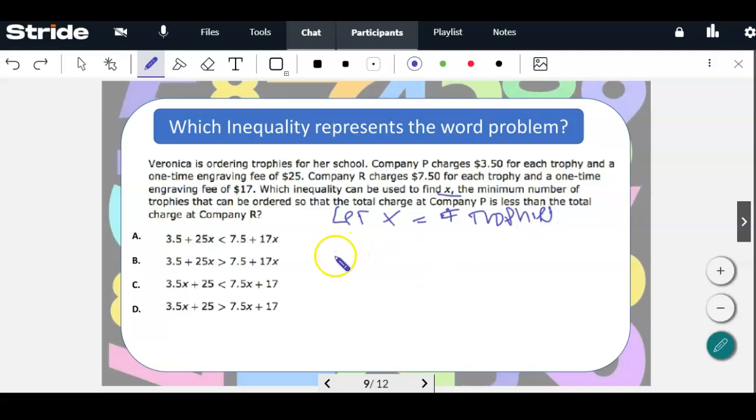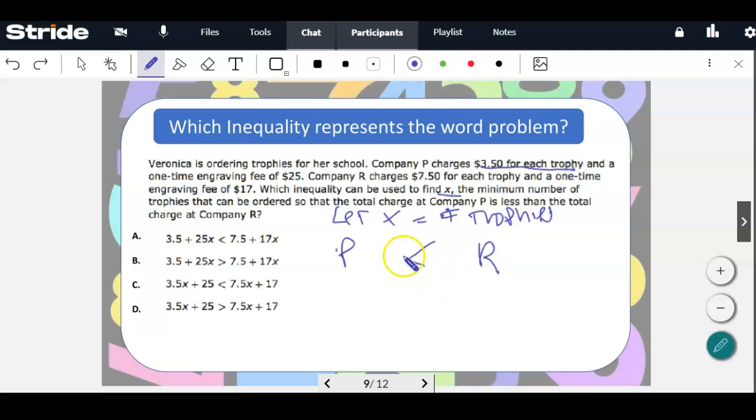So we have Company P and Company R. So the question here, I'm just going to do this a little bit differently. So which inequality can be used to find the minimum number of trophies that can be ordered so that the total charge at P is less than? So it's going to be a less than. So let's go back to the top. Company P charges $3.50 for each trophy.